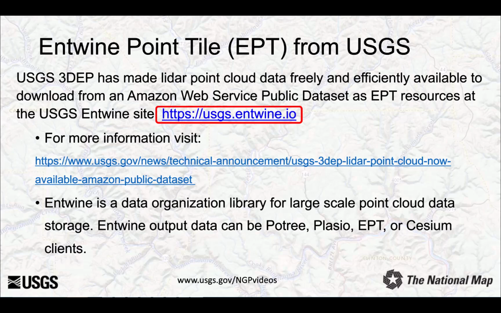These EPT resources are streamable and lossless Octree-based LAZ encoded files. Because of this Entwine repository, trillions of LIDAR point cloud records of LAS tiles, compressed to LAZ files, are readily available for processing and retrieval in EPT format, or to be consumed by Cesium and Potree clients.